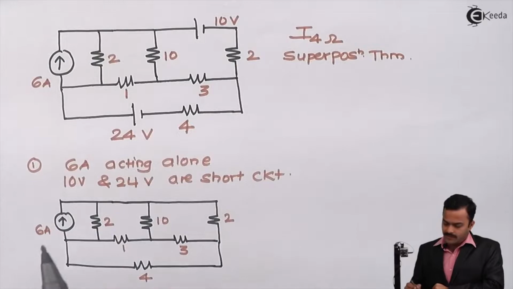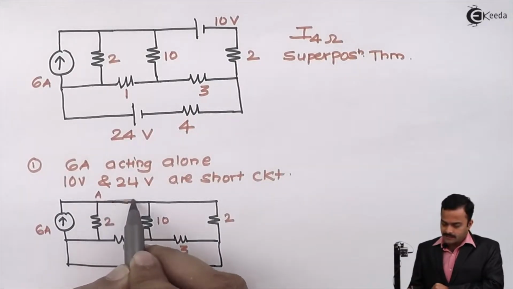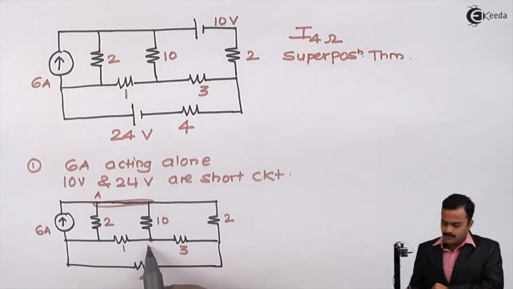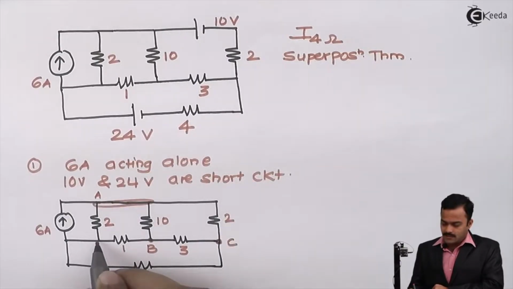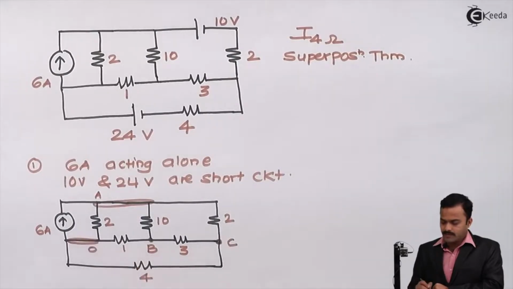So for nodal, I will consider this as node A. So this entire thing is a node A. Then I will consider this as node B, this is node C, and last, let's not forget the reference node. So this is a reference node. I will mention the potential of reference node as 0.